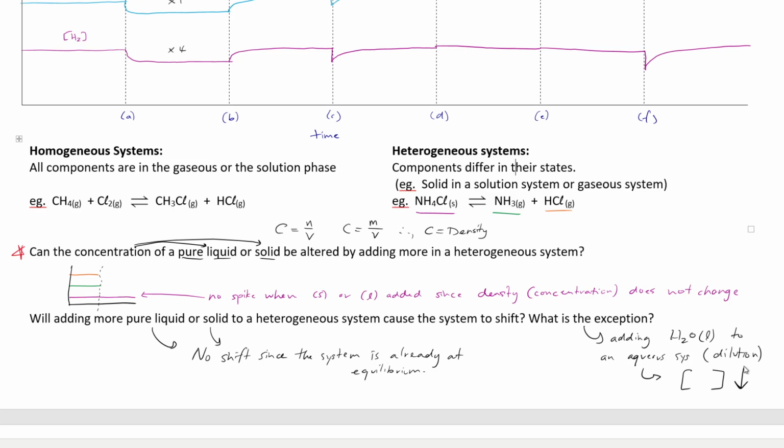So that's the only exception where adding a pure substance can cause a system to shift: adding water to an aqueous system, which causes dilution and then causes all the concentrations to decrease. Otherwise, adding a pure solid or liquid to a heterogeneous system will cause no shift.